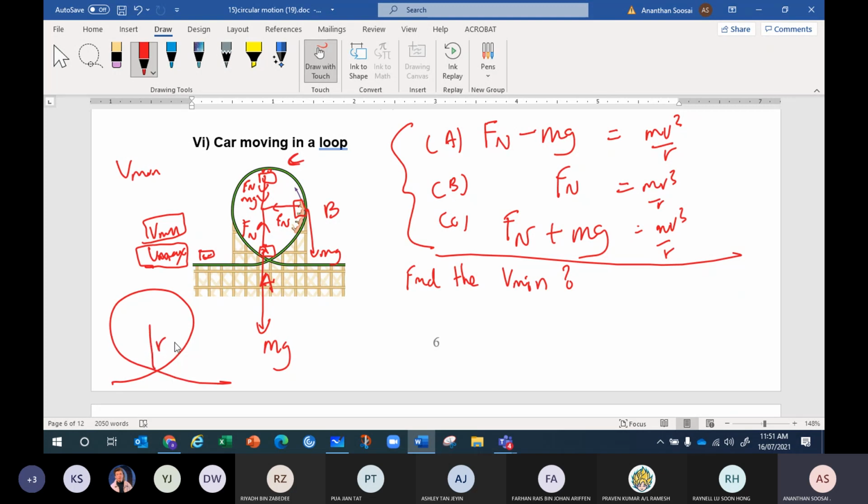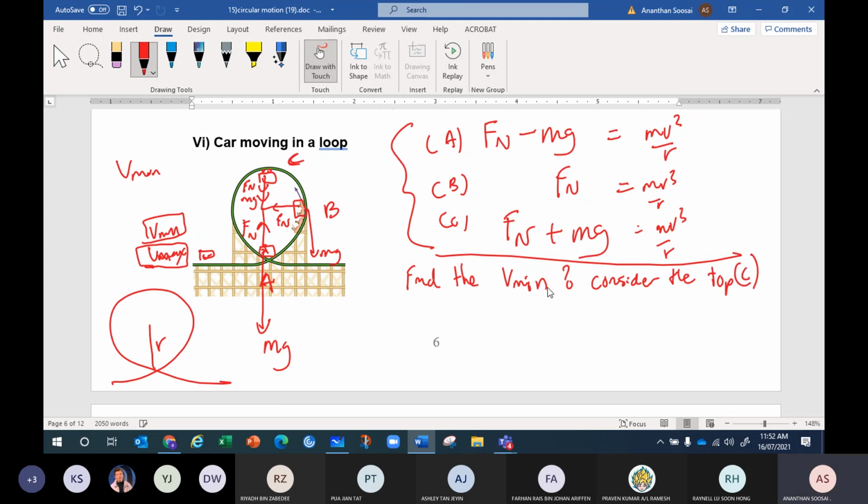First, which point do you consider? Which is the critical point to get the V minimum? A, bottom, top? Consider the top, C.